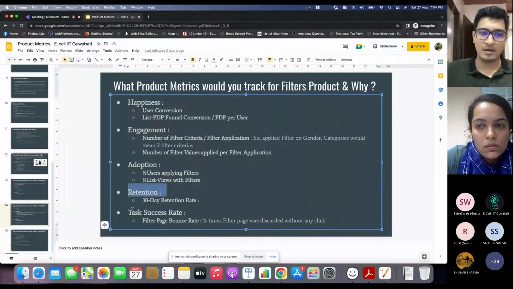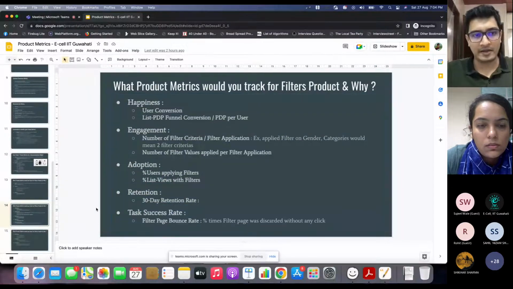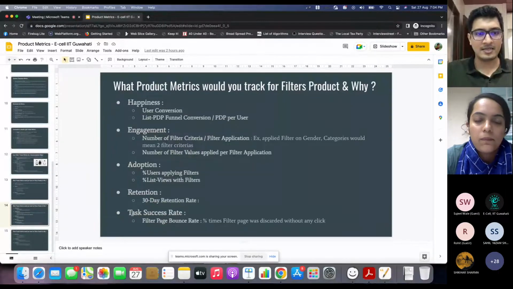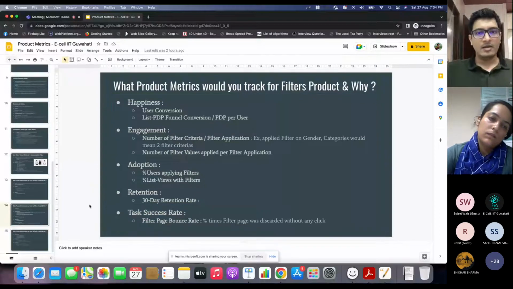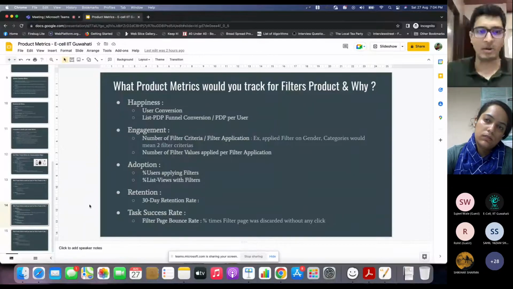Task success rate is basically, let's say they tried applying a filter, they initiated a filter click, but then they bounced off, they didn't complete applying the filter. Does that make sense? Task success rate indicates the success of the task that the user was trying to do. The task was, I want to apply a filter.